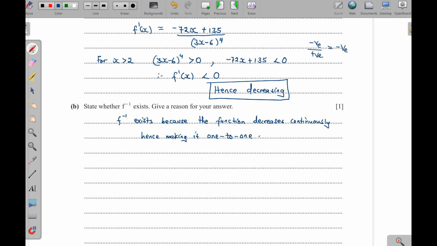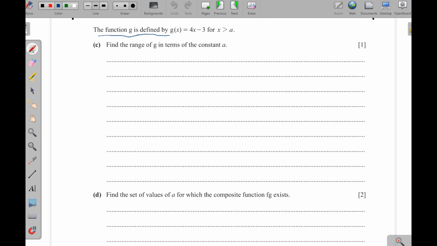So that is that. The function g is defined by g of x equal to 4x minus 3 for x greater than a. Find the range of g in terms of a. Range of g in terms of a. Now, this one is a straight line, so it goes like that.